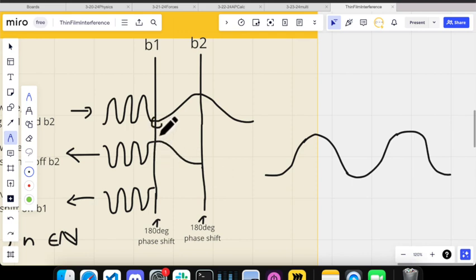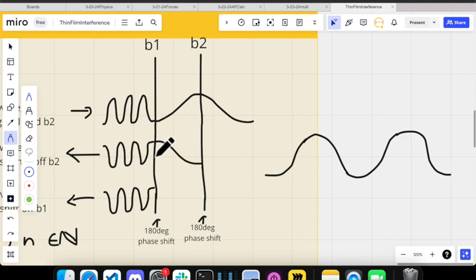So we kind of want 3 pi's, right? So we know we're getting the pi from this boundary, and we know we're going to want another extra pi to be offset from this.